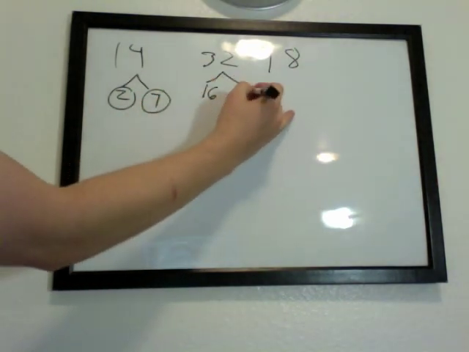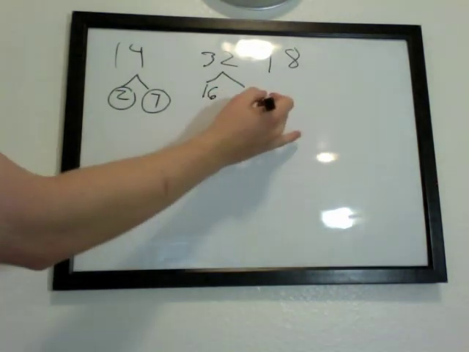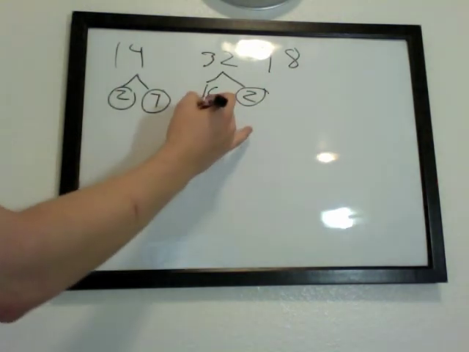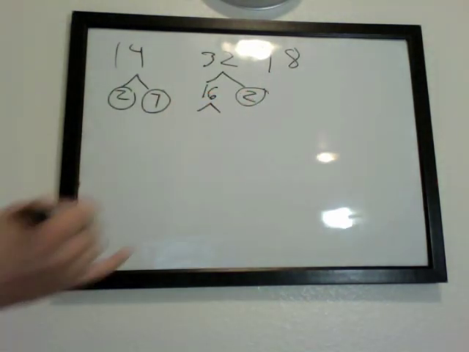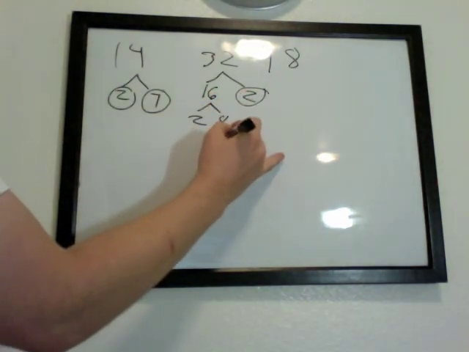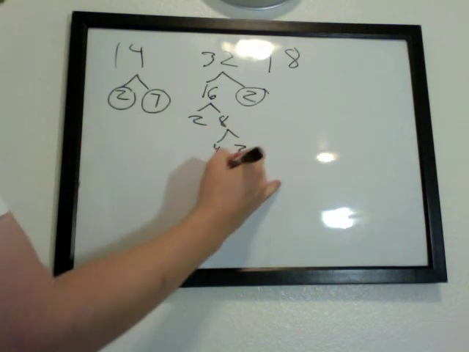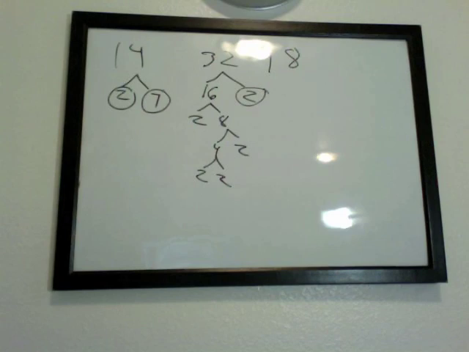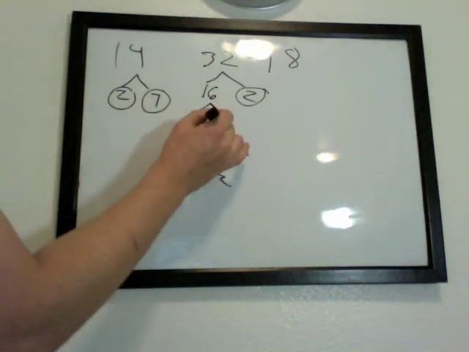Do 16 and 2. 2 is a prime. 16 we can break apart. 2 and 8. And 8 is 4 and 2. 4 is 2 and 2. And these are all prime numbers right here.